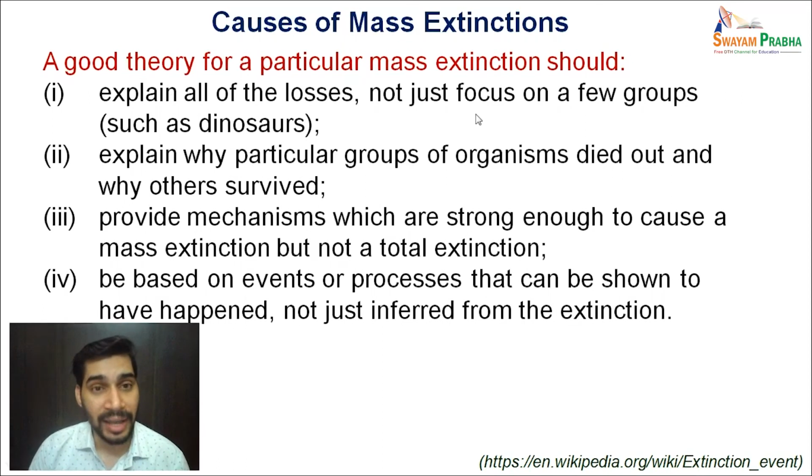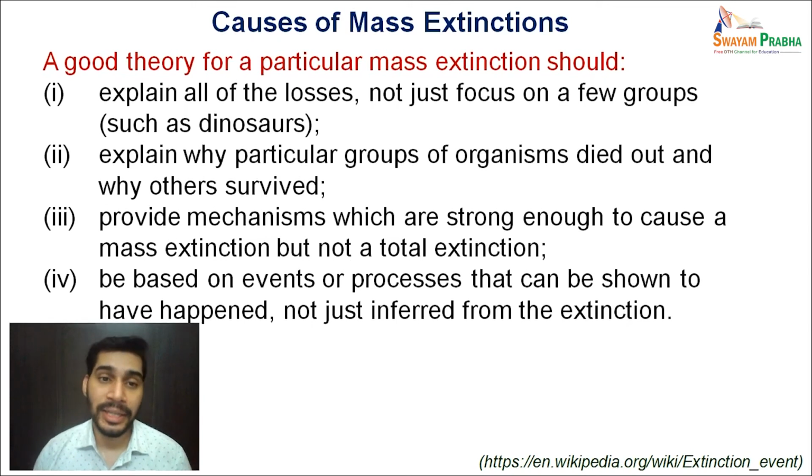And these points are: first, it should explain all the losses, not just focus on a few groups. For example, if we say a particular mass extinction event resulted in the loss of dinosaurs, it should not only talk about the dinosaurs. It should explain all the losses in terms of biodiversity along with the dinosaurs. So the overall biodiversity loss.